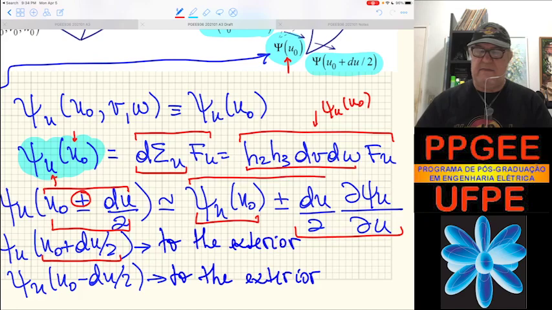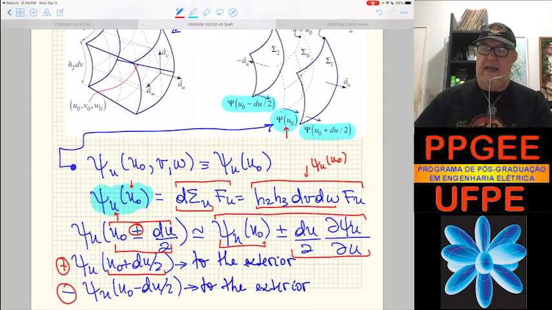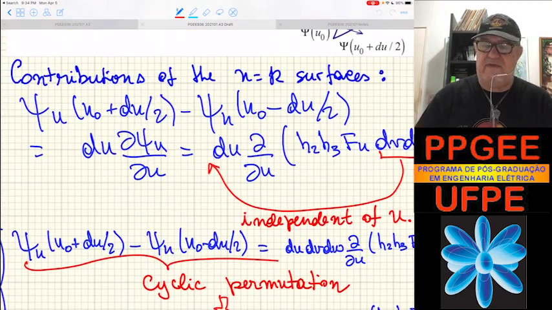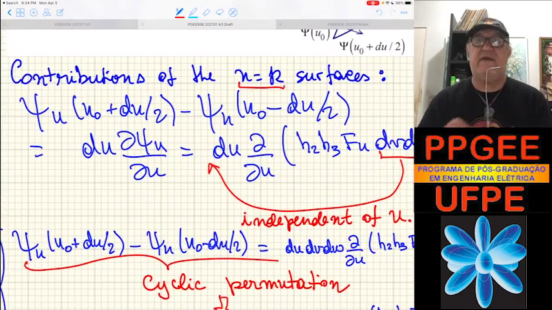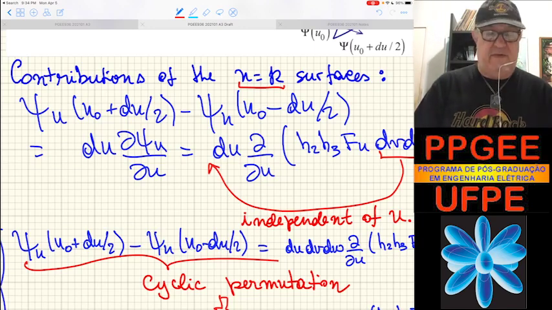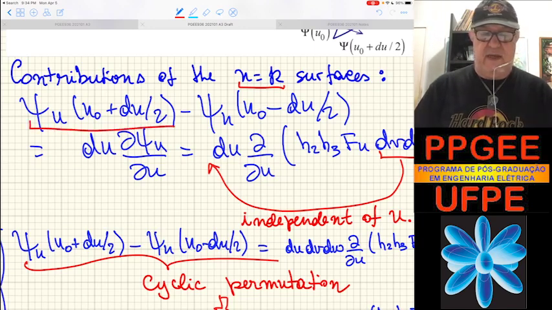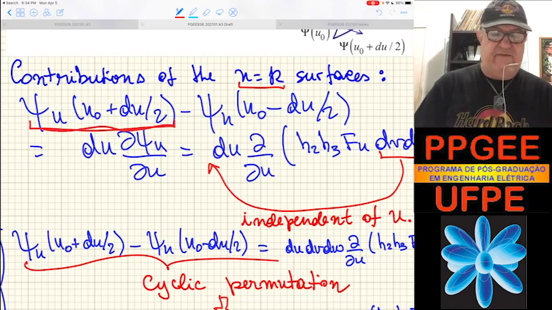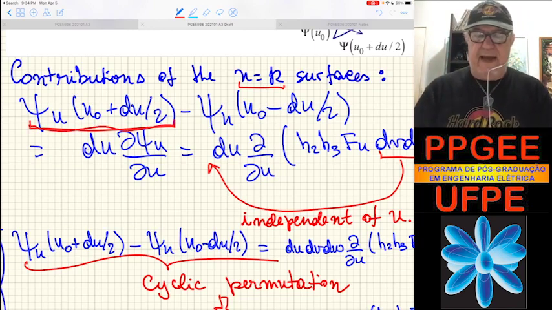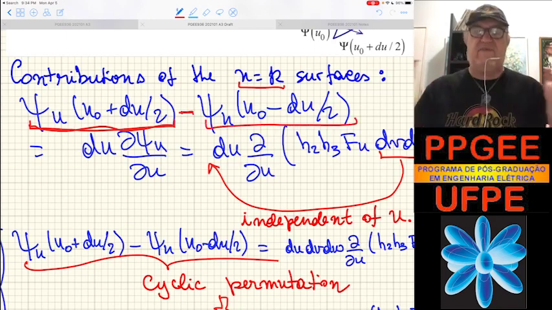Here is the formula. And then the contribution of the U equals constant surfaces is going to be, as I mentioned in the previous screen, the flux in the front surface, which is to the right, to the increasing U, minus the flux on the back surface. So we have the outward flux.